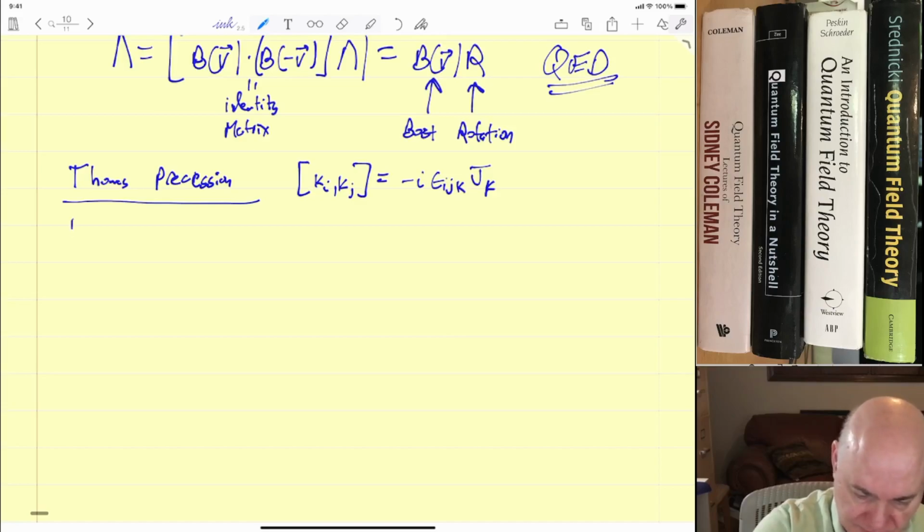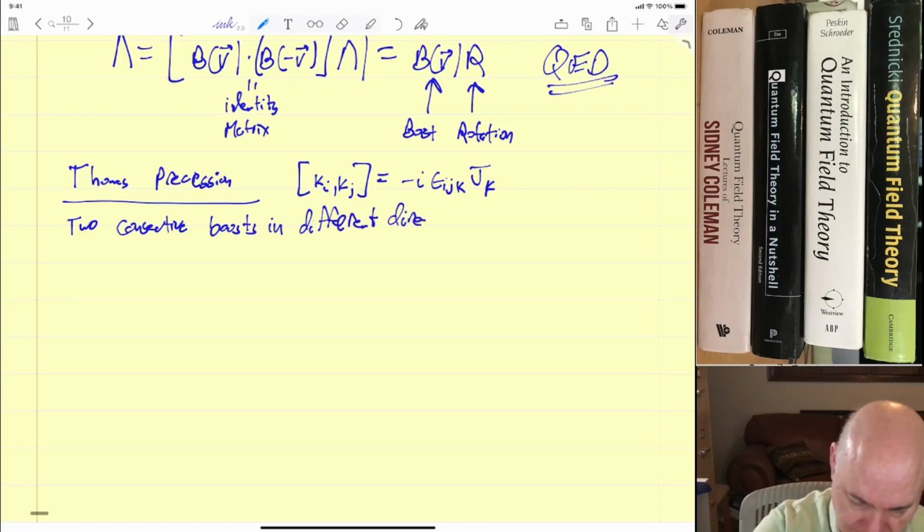So two consecutive boosts in different directions is not a boost.